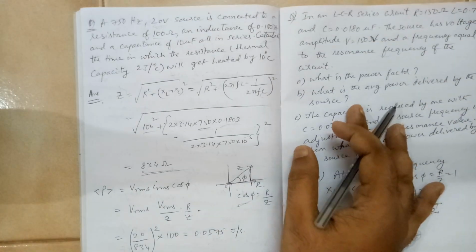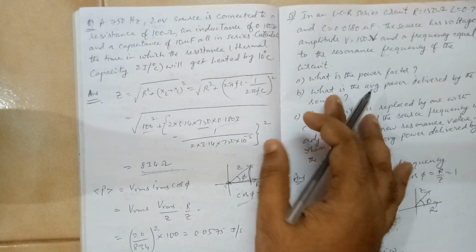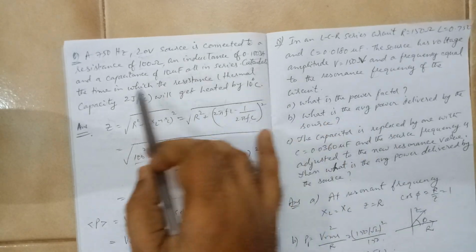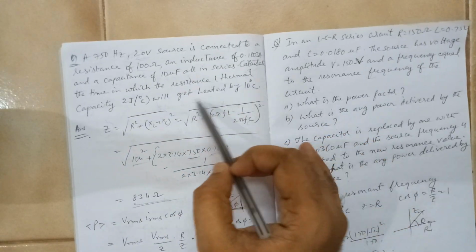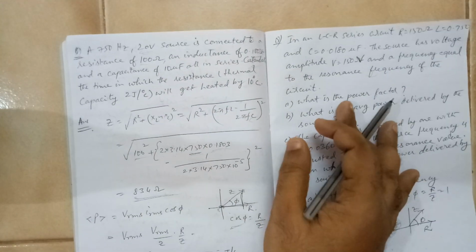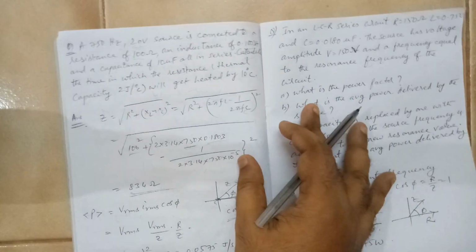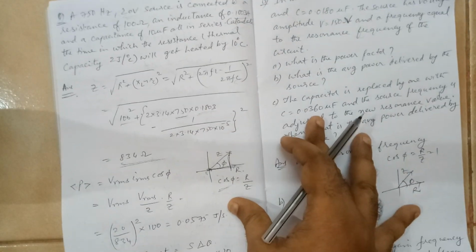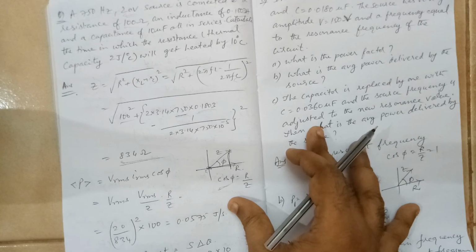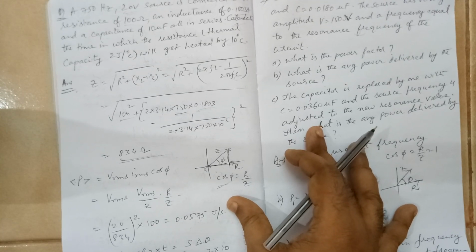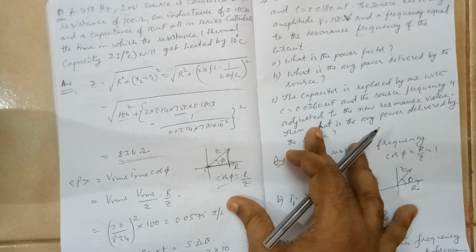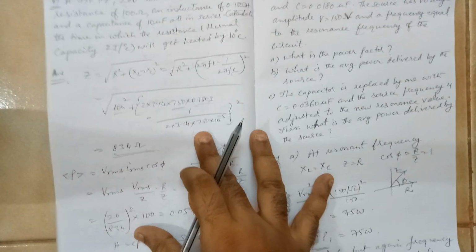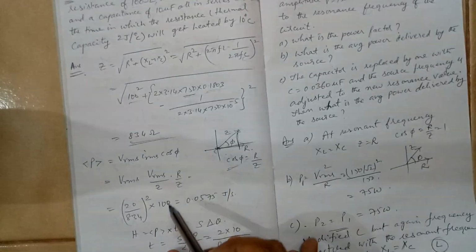Once you have got the power, in the question basically what is asking? It is asking you to calculate the time in which the resistance is heated by 10 degrees. So he is giving you the temperature and the thermal capacity. Because of this power, heat is developed, and that much heat is raising the temperature by some degrees. So what is the heat?